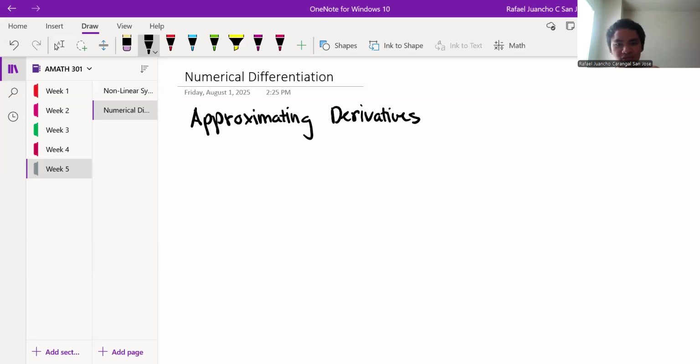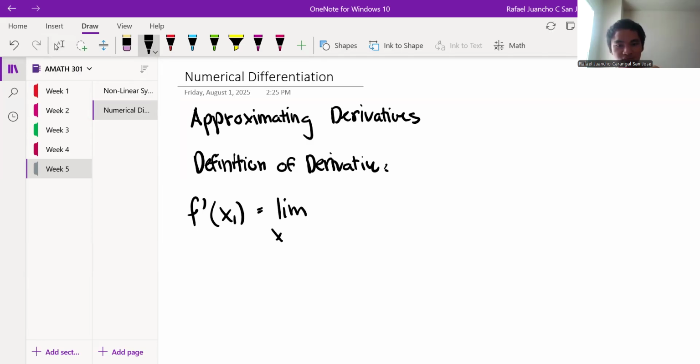And so let's recap. What's the definition of the derivative? So given some point x sub 1, we take its derivative. It's actually just equal to the limit as our x approaches that number.